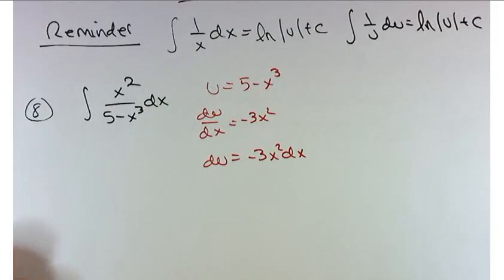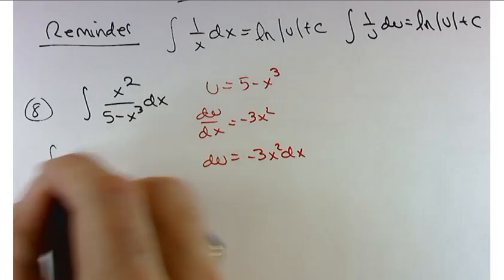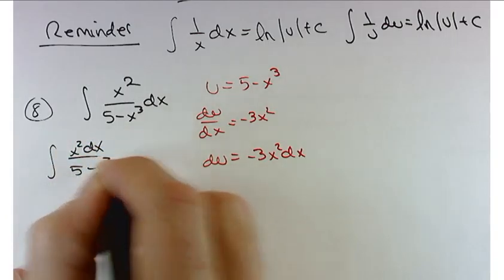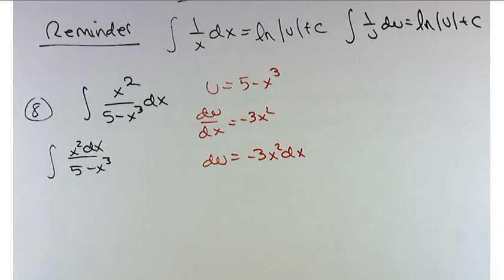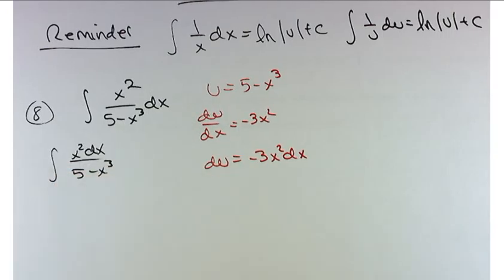Now for subsequent problems, I'm going to skip that middle step. But if you're running into trouble differentiating it, maybe you want to put it in. Let me rewrite this as x squared dx over 5 minus x cubed. And I've got x squared dx here, so I like to solve for that term in the integral.